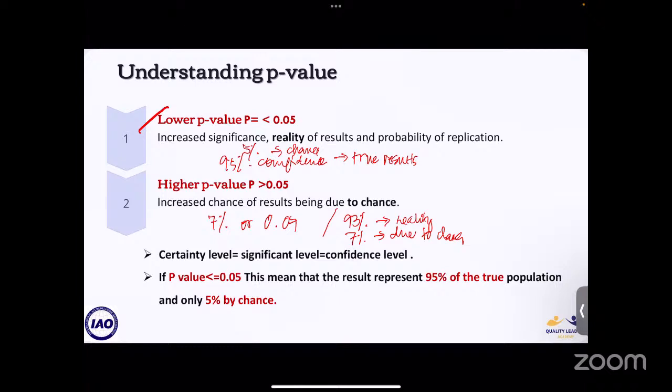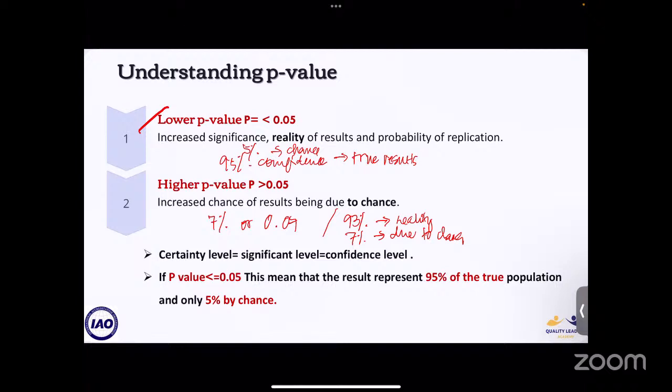So what is the relationship between the p-value and significance? As the p-value decreases, significance increases, meaning the results are more likely to reflect reality.